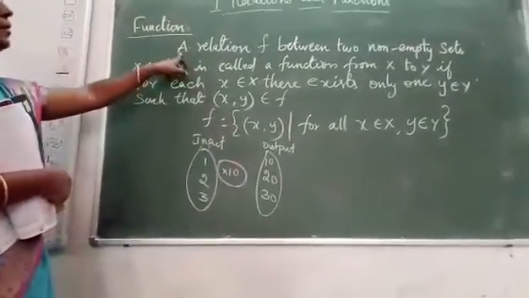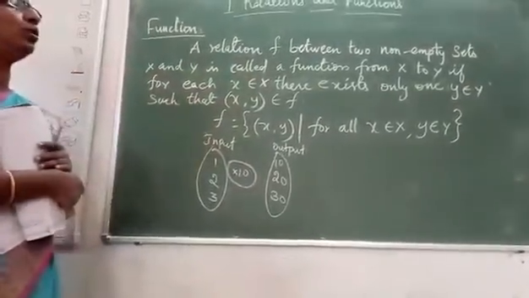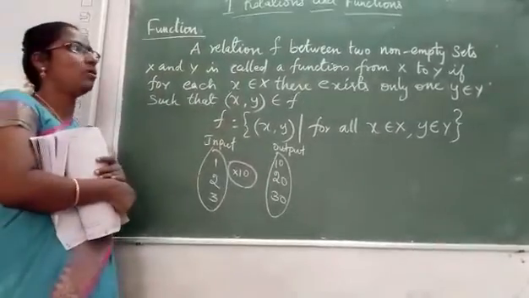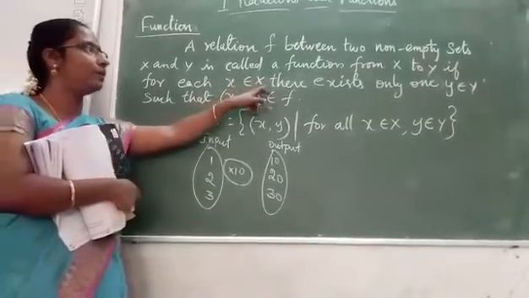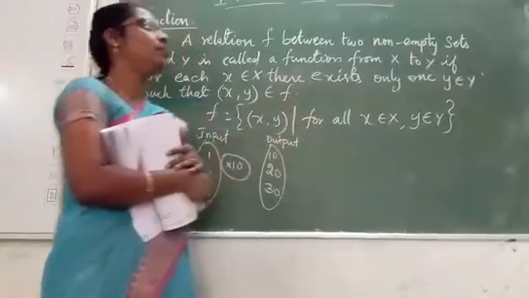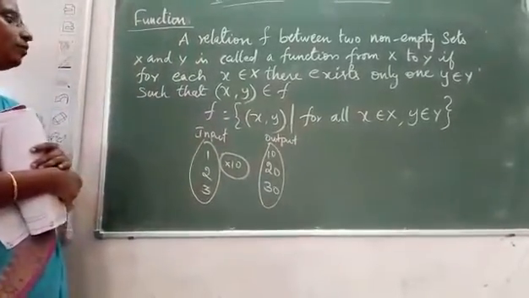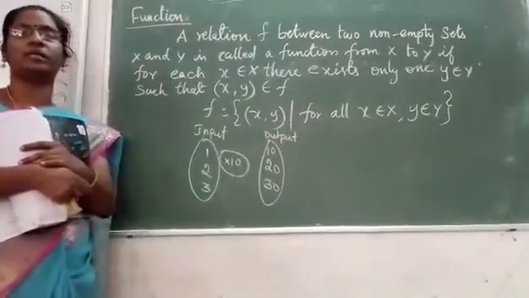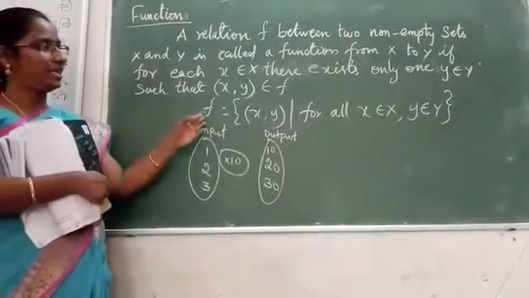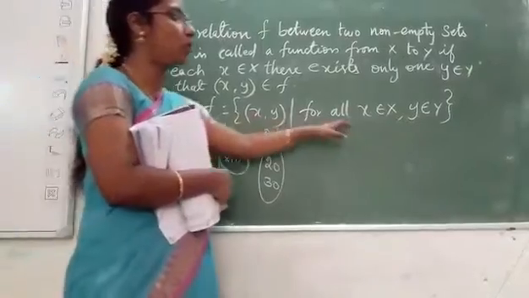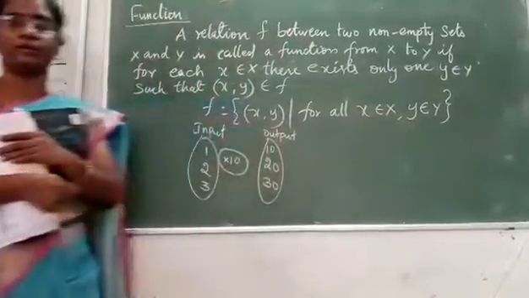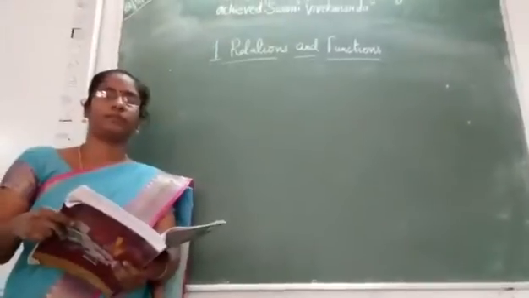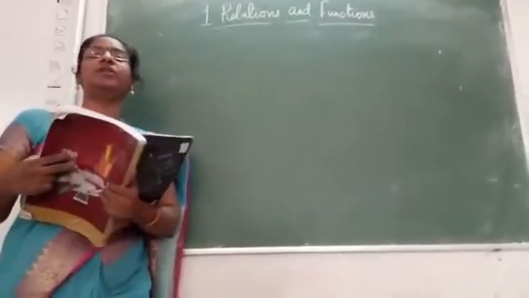Mathematically, a relation F between two non-empty sets X and Y is called a function from X to Y if for each x, an element of capital X, there exists only one y, an element of capital Y, such that (x, y) is an element of F. Comparing the definitions of relation and function, every function is a relation.